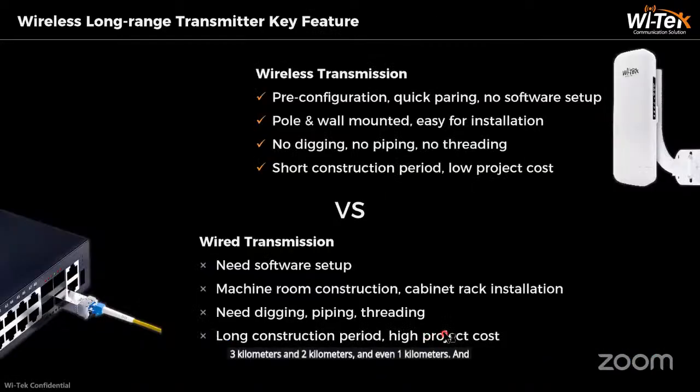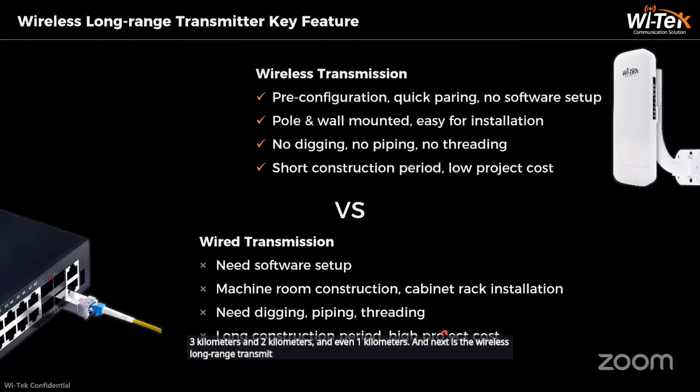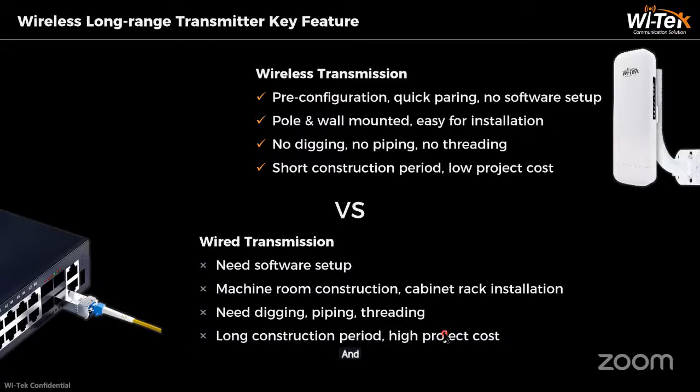And next are the wireless long-range transmitter key features. It offers you pre-configuration and quick pairing, and there is no need for software setup. It is pole and wall-mounted, easy for installation in outdoor environments.